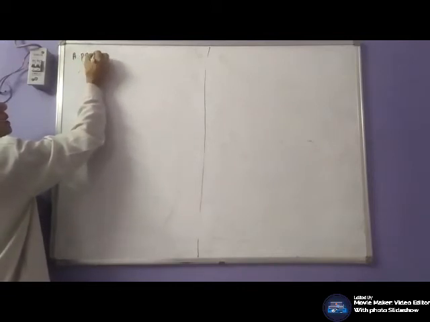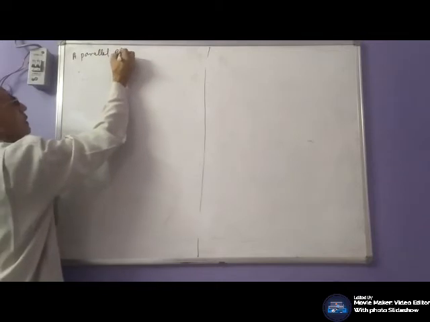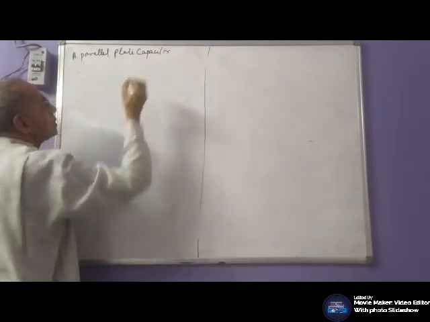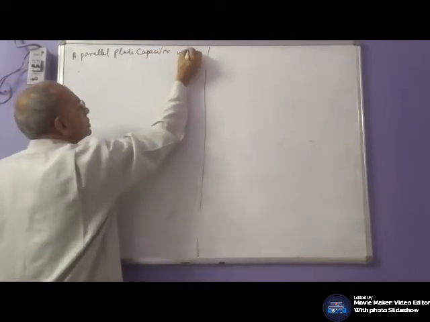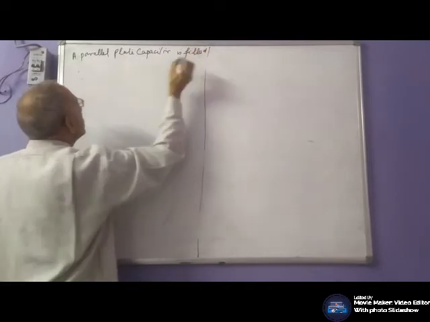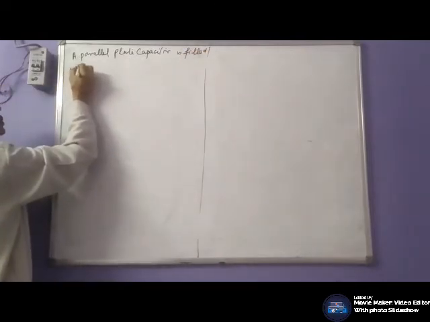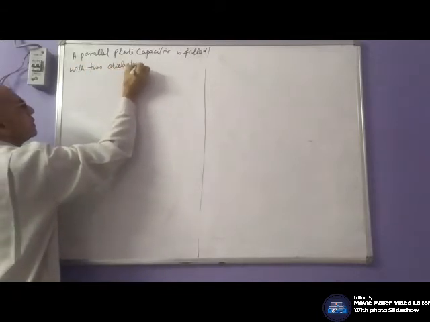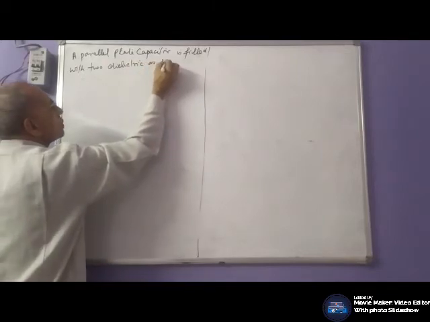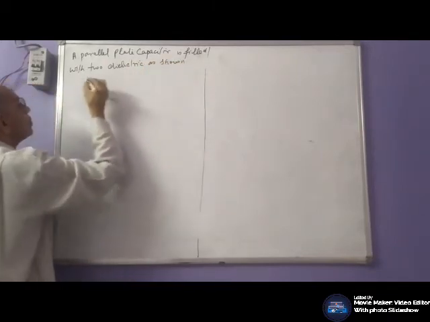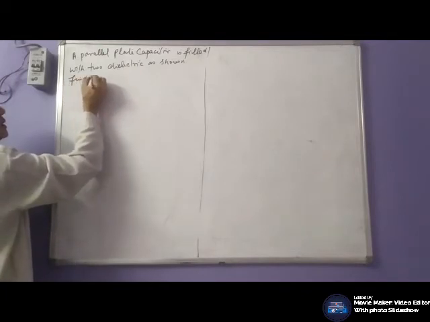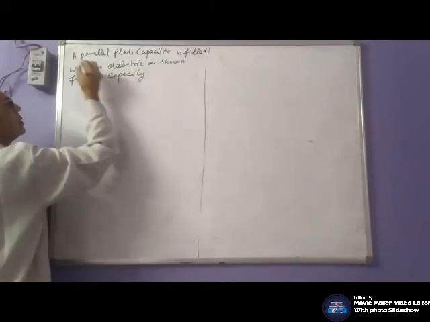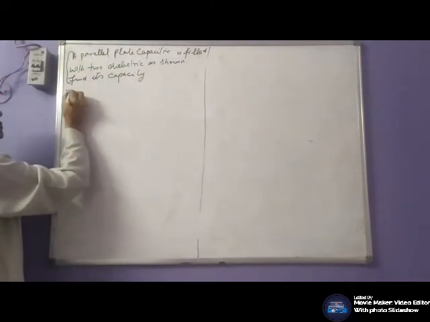A parallel plate capacitor is filled with two dielectrics as shown. Find its capacitance, capacity.